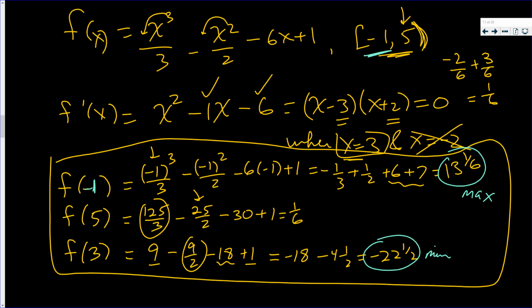Now, we see we plugged in -1. Oh yeah, we can include -1. So that is the max. F of 3, yeah, it wasn't one of the endpoints. It was in between. So that's okay.